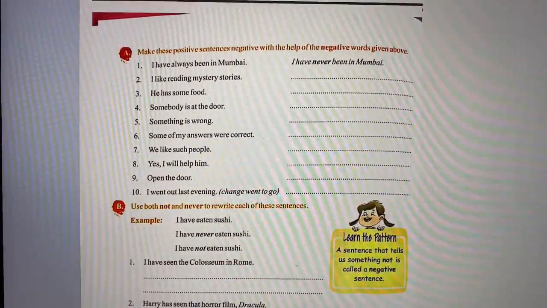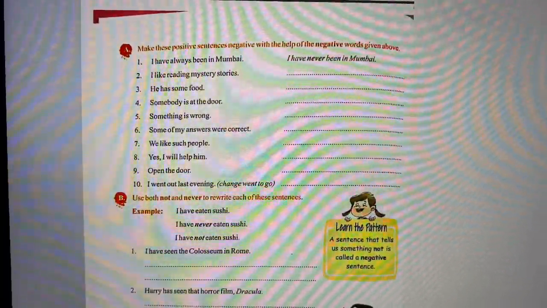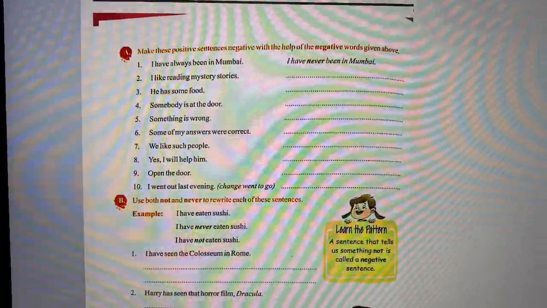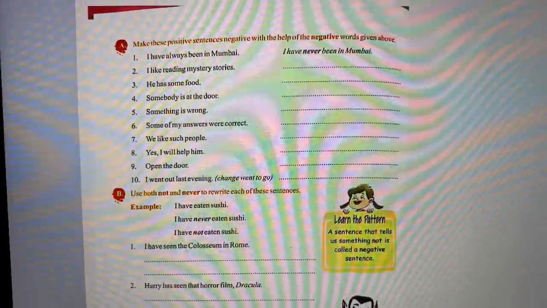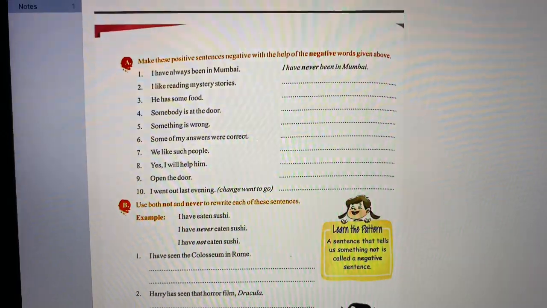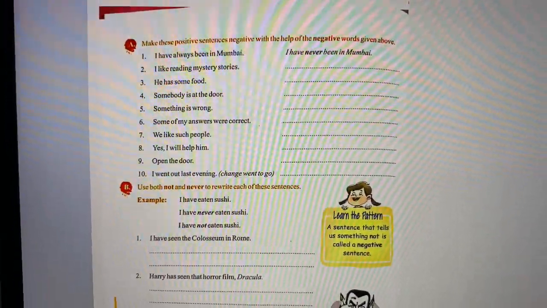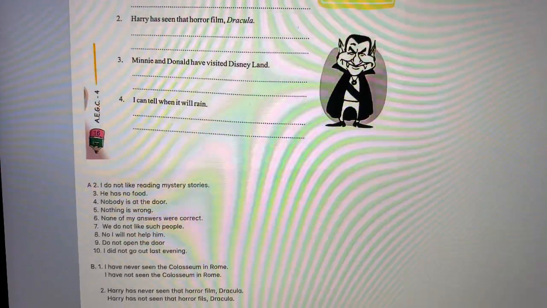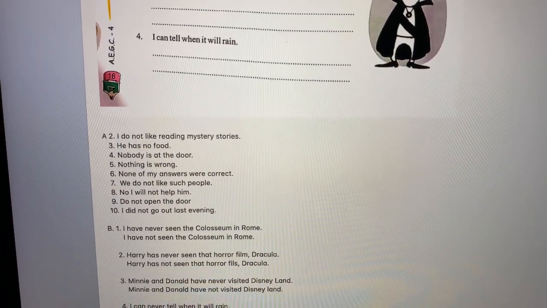So the first one is already done. It says, I have always been in Mumbai. And to turn that to a negative sentence, it becomes, I have never been in Mumbai. Okay. The next one says, I like reading mystery stories, right? You change that to a negative sentence and it will become, I do not like reading mystery stories.